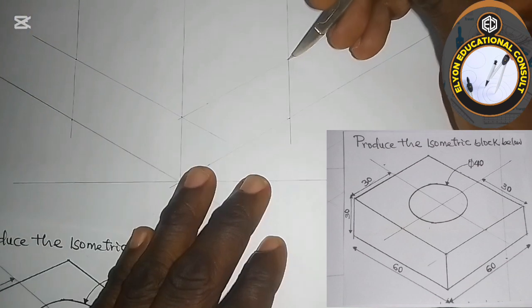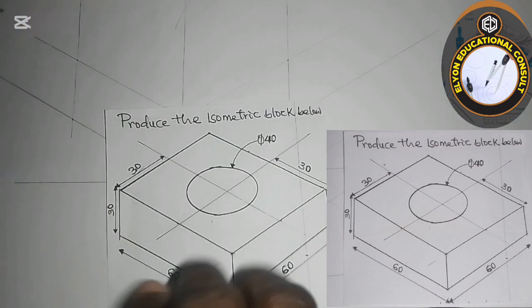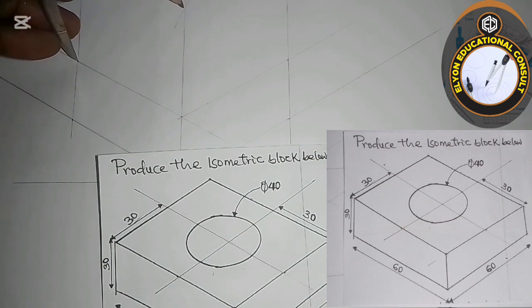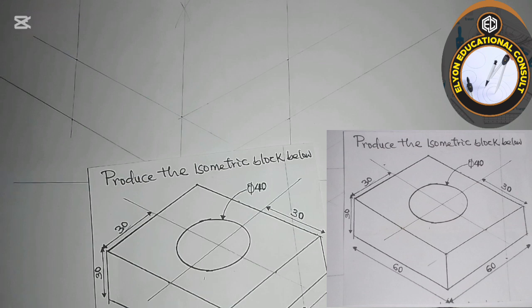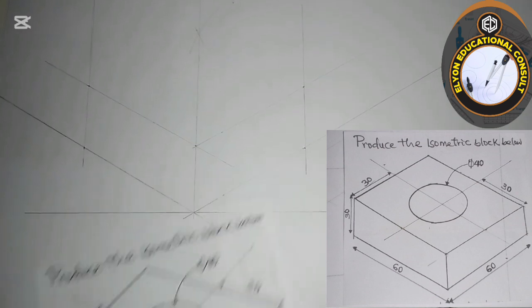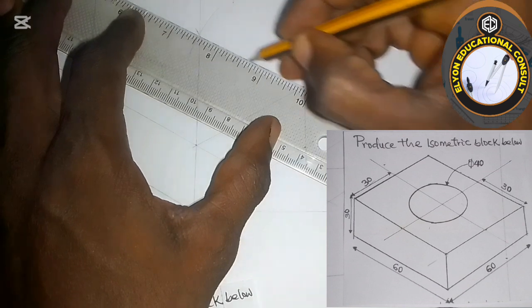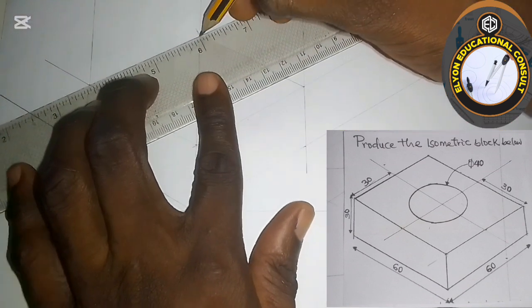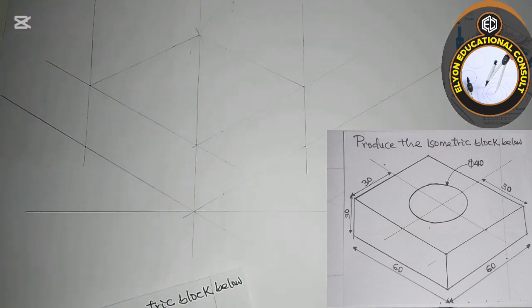Then I'll place here, strike this arc. This side also is 60, so I don't need to adjust the compass again. I will use that same 60. So you can see where they both intersect on that vertical line. So I'm going to connect this to this, then connect this to this. So I will highlight it now.